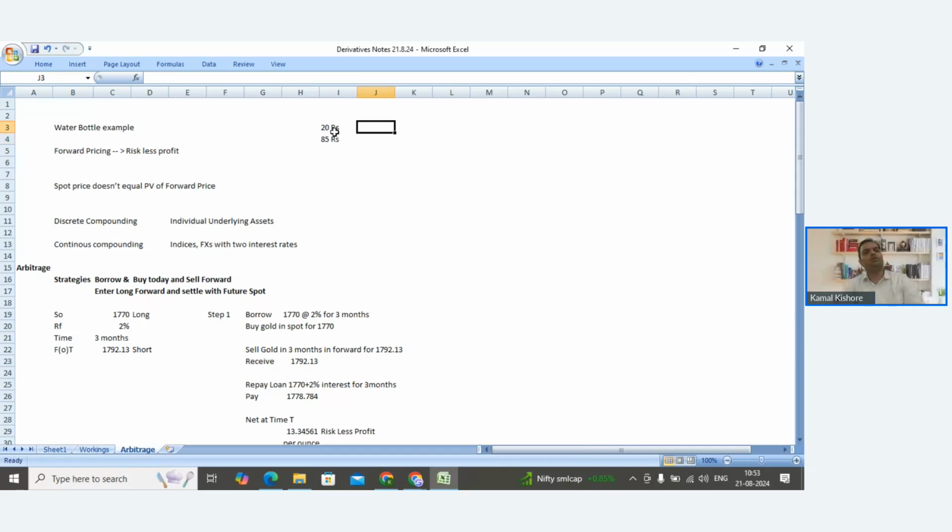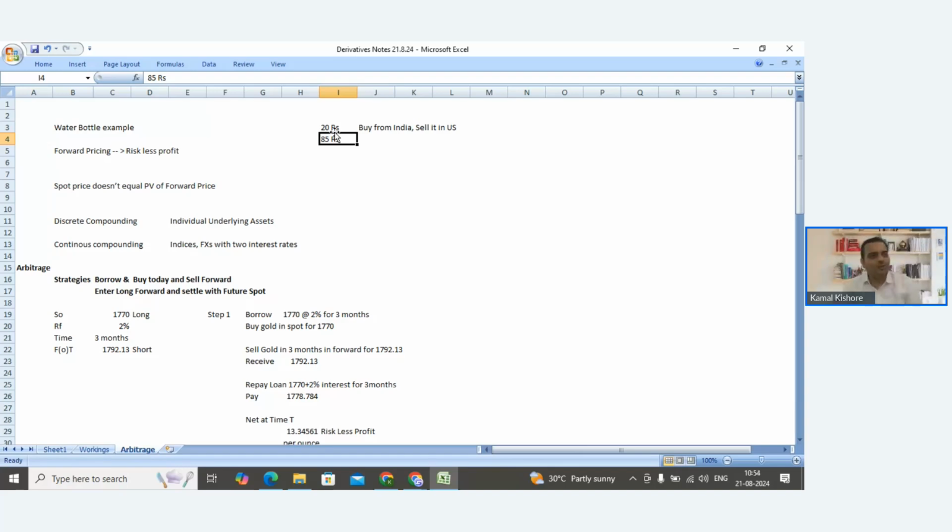So what will happen? People will buy from India and sell it in the US. Will they make a gain? They will, because they are buying at 20 rupees and selling at 85 rupees. Ignore the transaction cost; even if I adjust for it, I will make a gain. But what will happen over time?